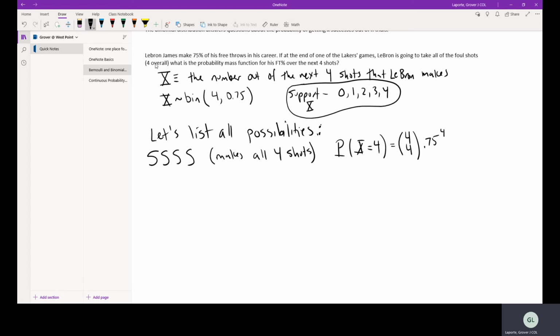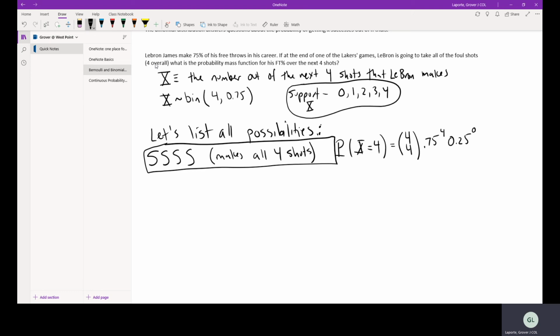And then in 1 minus P, the probability of failure, there would be 0 of those because we're going to get all of those. So that would be my first. So I'm going to go ahead and put a little black box around this, and let's keep it black for all the possibilities.